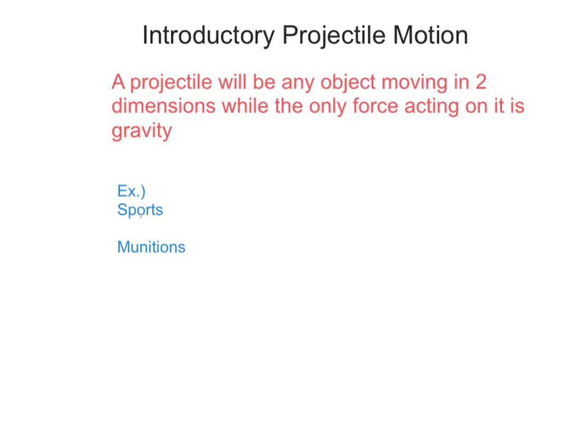To be a projectile, you need to be doing two things. Both things must be true for something to be a projectile. The first is it must be moving in a total of 2 dimensions. What that means is, you know from when we've been establishing coordinate systems in forces, we have the x direction and then we have the y direction as well.